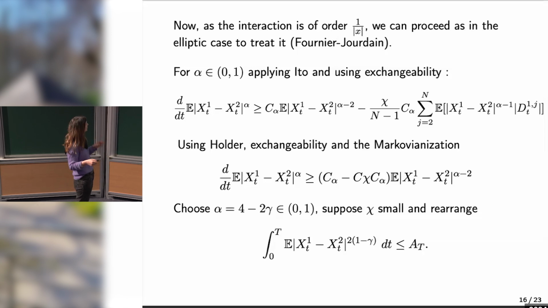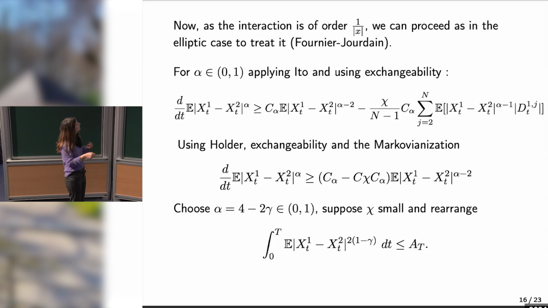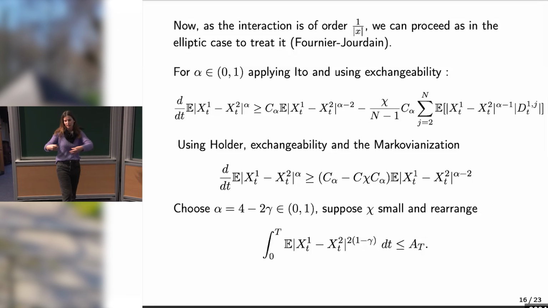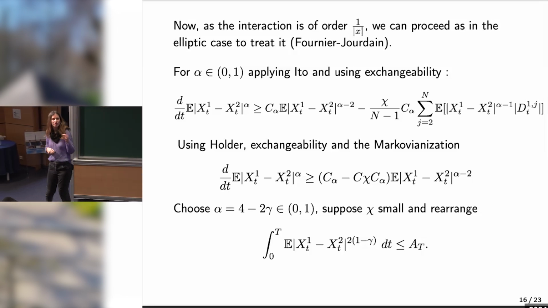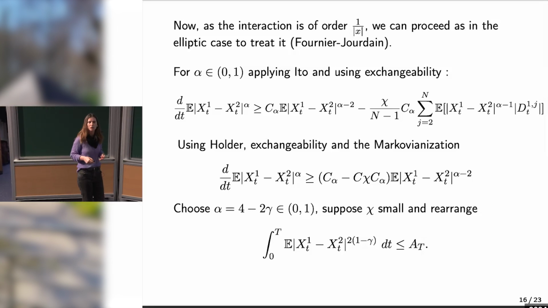If you have the Markovianization, this is basically the argument of the available techniques. It would then be easy to control some negative moment of the interaction. So this is the next step, let's say. It's not important for you to understand these computations. It's not that quick to explain them.